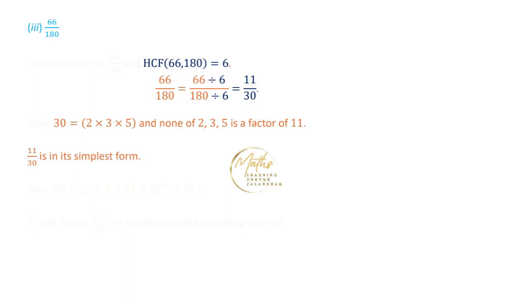And as the factors of 30 are 2 into 3 into 5, they are not in the form 2 raised to the power m into 5 raised to the power n. It means that both 11 by 30 and hence 66 by 180 have a non-terminating repeating decimal representation.